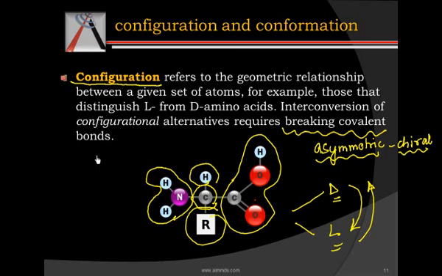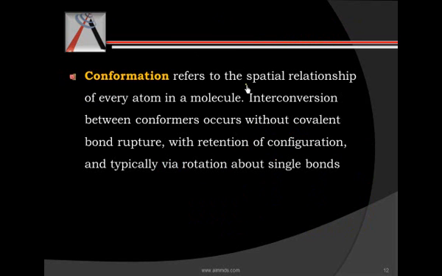But we have one more term called conformation. Conformation is basically about the spatial relationship of every atom in a molecule. Let's take a rather simple example rather than an amino acid. Take a water molecule, that is H2O. But how does it exist? It exists in a typical conformation.